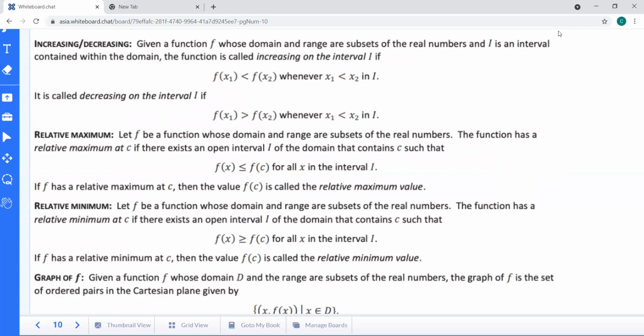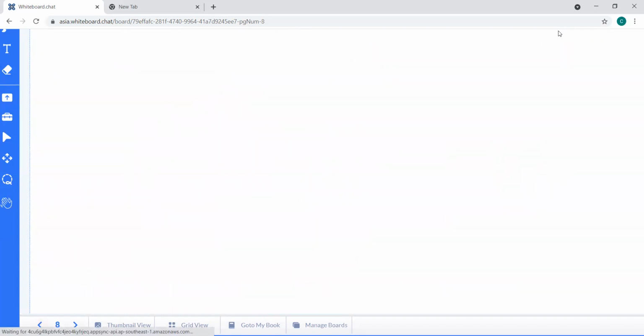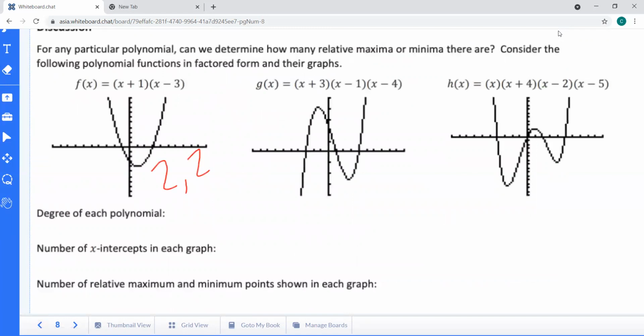So it's all about where you can have a point or a change. Here, you only have one relative maximum or minimum, and it would be right here, because we can't have a maximum or minimum on the other side. Here we have a degree of 3.